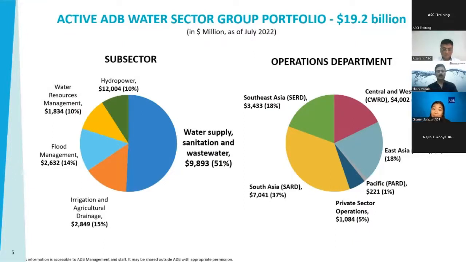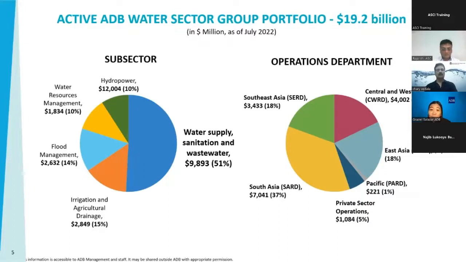Water as a sustainable resource, universal water and sanitation services, productive use of water in agriculture and the economy, and reduced water-related risks. To date, ADB's water sector group active portfolio is at $19.2 billion, with around 51% committed to water supply, sanitation, and wastewater projects, as shown in the chart on the left.